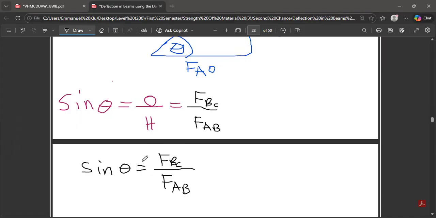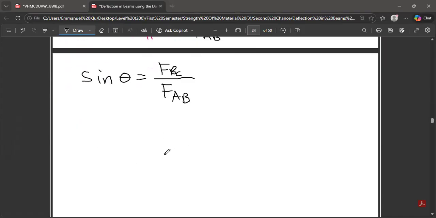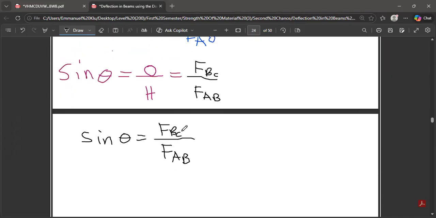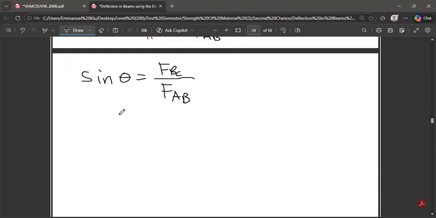So from here, what are we going to say? If we want to get our FBC, that is our vertical force, we can just say that for FBC we are going to do cross multiplication. FBC is equal to FAB times sine theta.